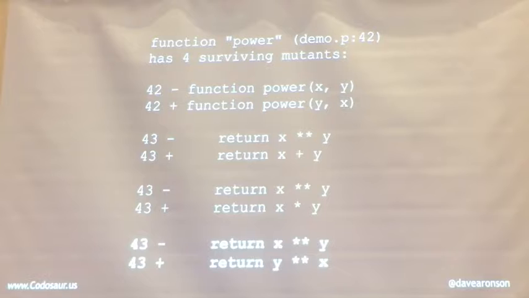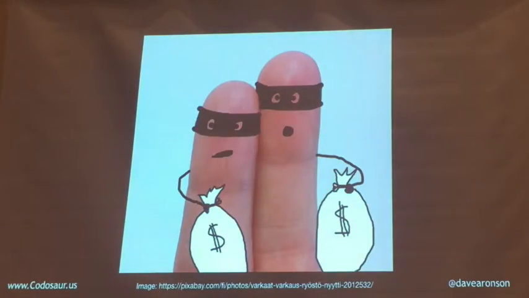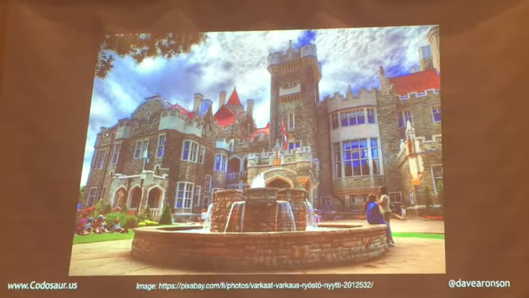So, what is this set of surviving mutants trying to tell us? The first step to figuring that out is to ask ourselves, how are these mutants surviving? Are they begging on the streets? Are they robbing banks? Are they living at the Xavier Institute? Oh, whoops, sorry, wrong mutants.